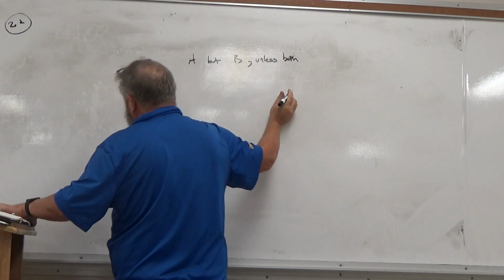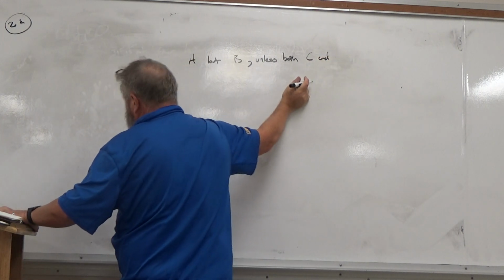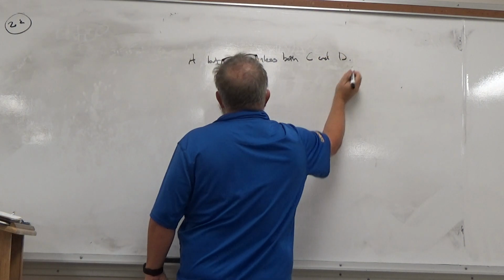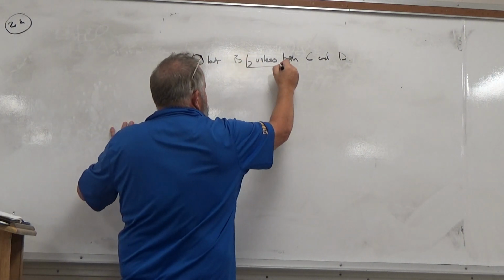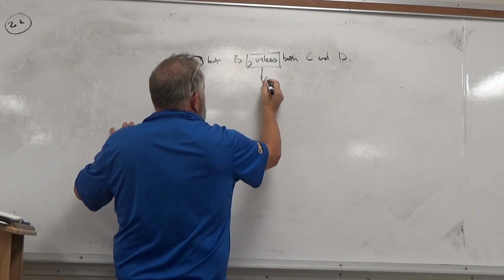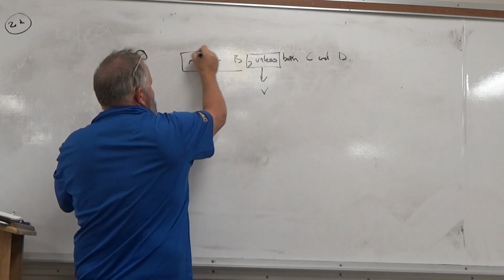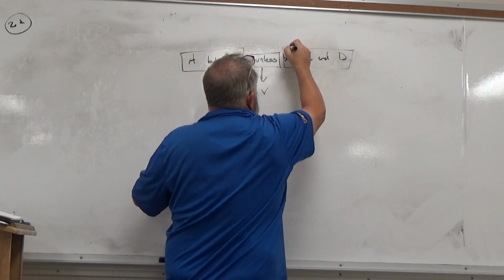Catherine has a Catahoula, that's C, and Darla has a wiener dog. Okay, so there's number 1. Comma, unless, that tells me that's the main operator, and I said just translate unless as or. That means all of this is the first disjunct, so I need to keep that together. And all of this is the second disjunct.